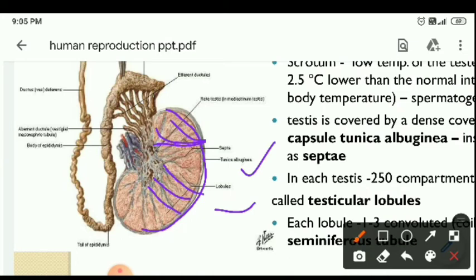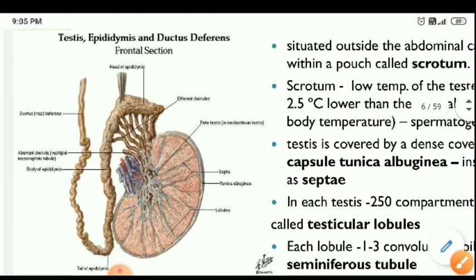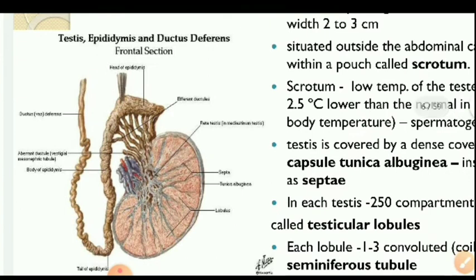Next, these are the seminiferous tubules. They are attached to the tubulus rectus, followed by the rete testis, and next the efferent ducts, the vasa efferentia, which lead to the epididymis. The epididymis is a temporary storage site, and next is the vas deferens.